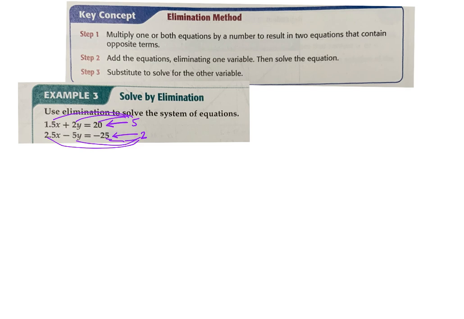So 5 times 1.5 is going to be 7.5x. 5 times 2y, that is 10y. And then 5 times 20, that is 100. And then I'm going to do the same thing with the bottom. 2 times 2.5, that is 5.0. 2 times negative 5y, that is negative 10y.